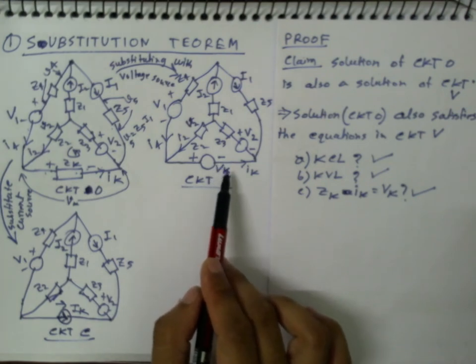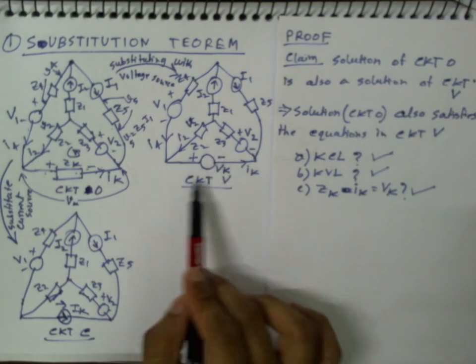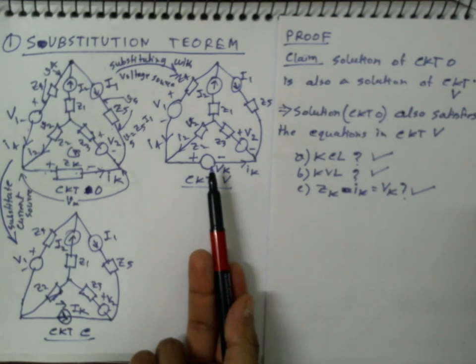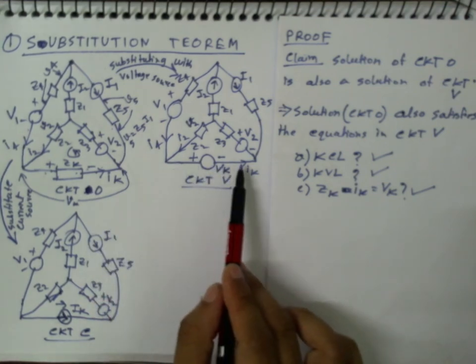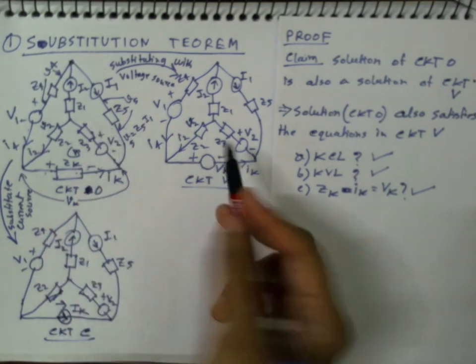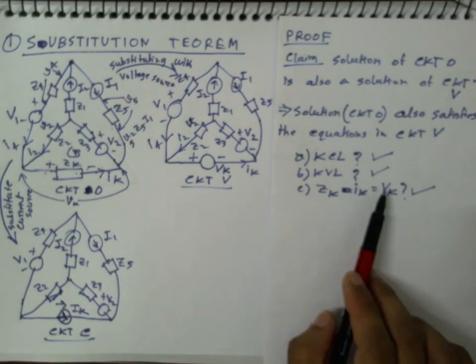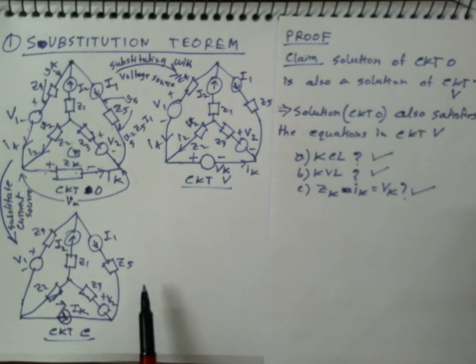So that constraint is not available here, so you don't have to even check it. So this is true, because that constraint is not at all there, which we have to check, right? So that's true. So for this circuit, we see that all the constraints are satisfied. If so, that means this solution is also applicable in this circuit.